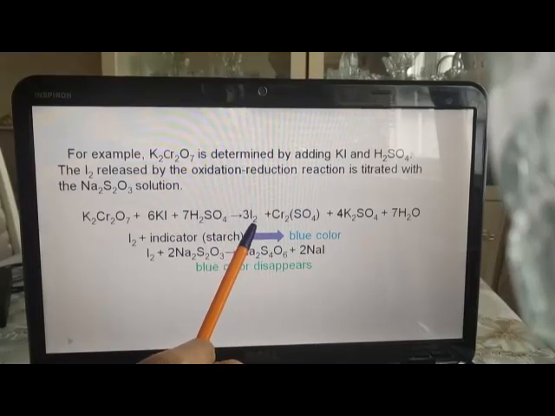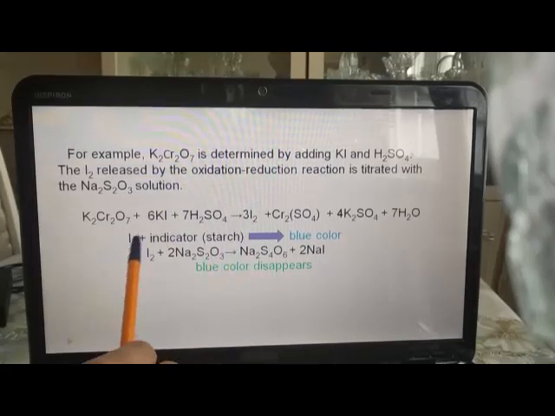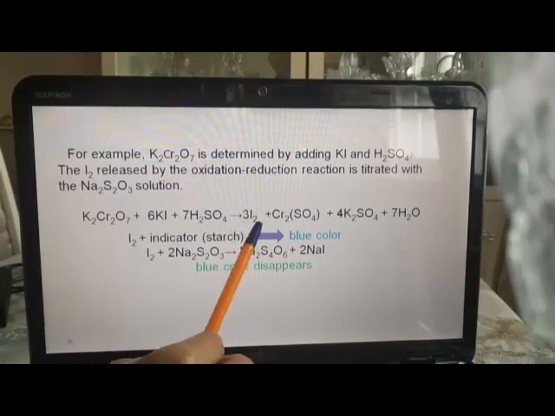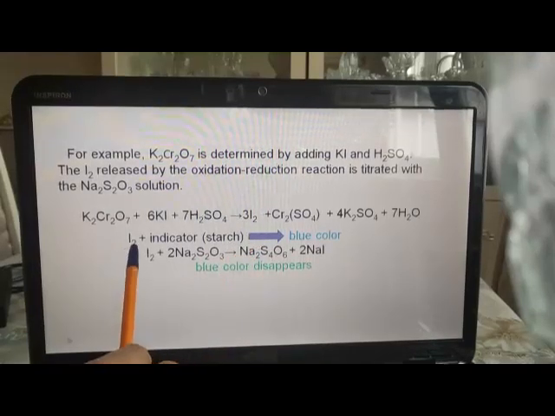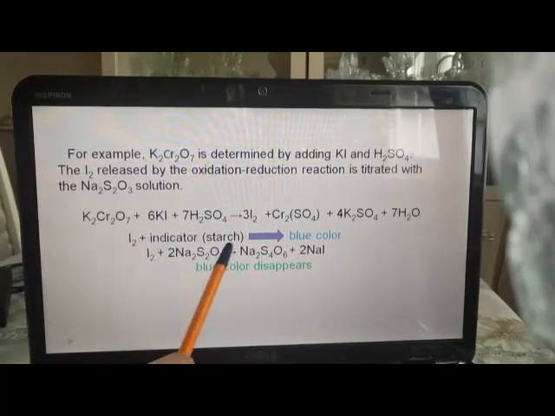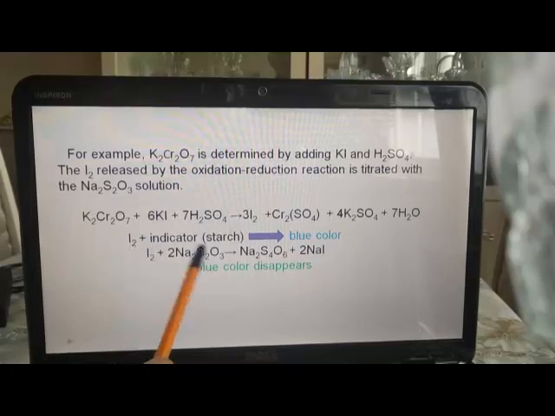which is then titrated, rather than by direct or back titration. The released free iodine is detected by addition of an indicator. The indicator in this method is colloidal starch solution.